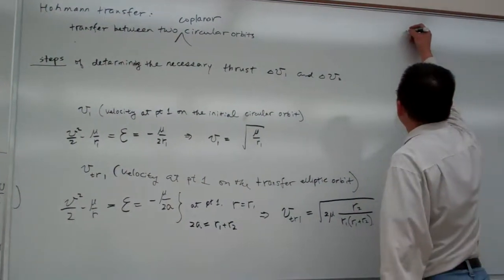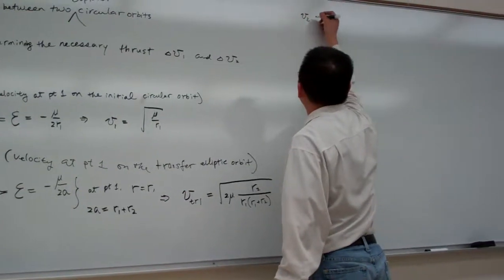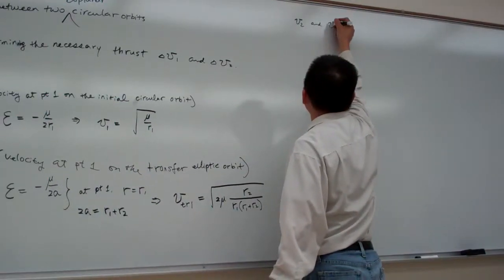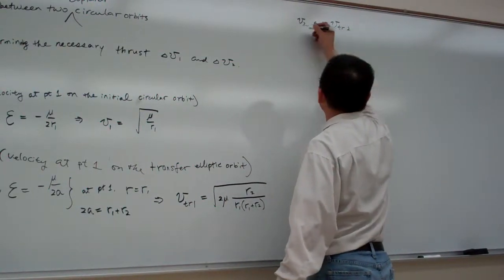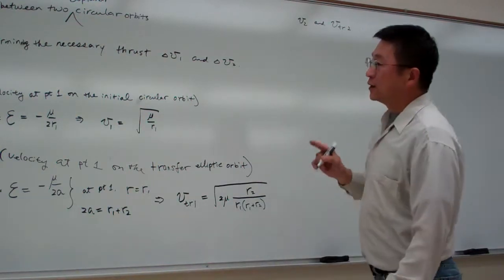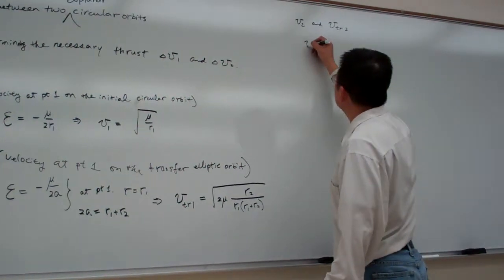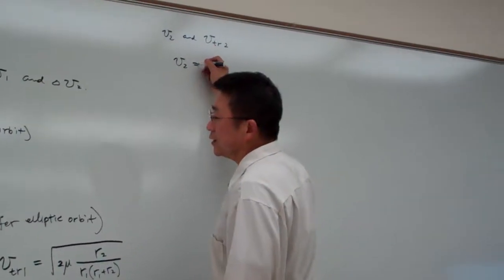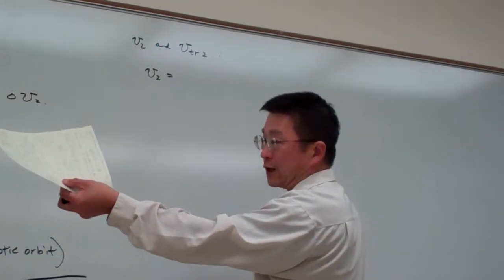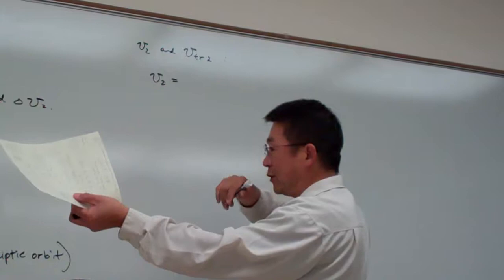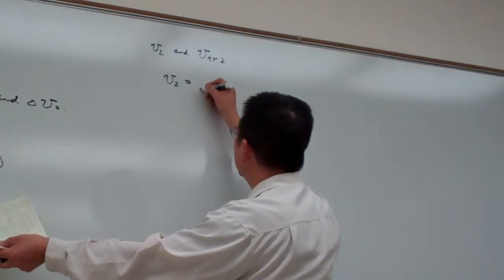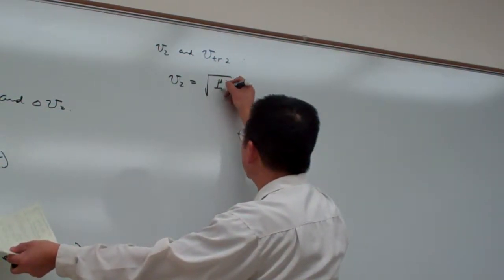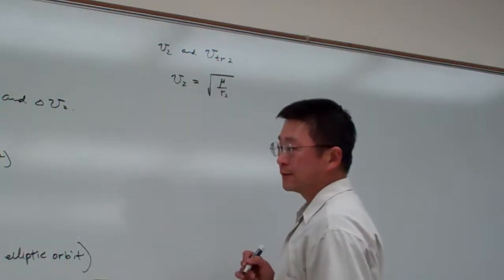The same thing we can exercise at point 2. So we determine the V2 and V transfer at point 2. V2 is on the larger, final orbit, and it has the same pattern, so we can copy this pattern: square root of mu divided by R2.